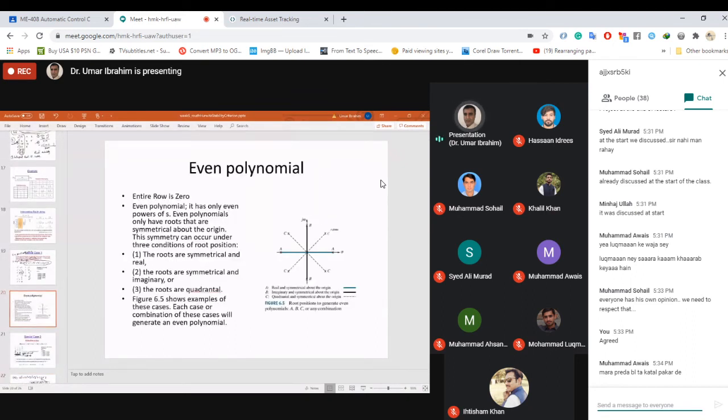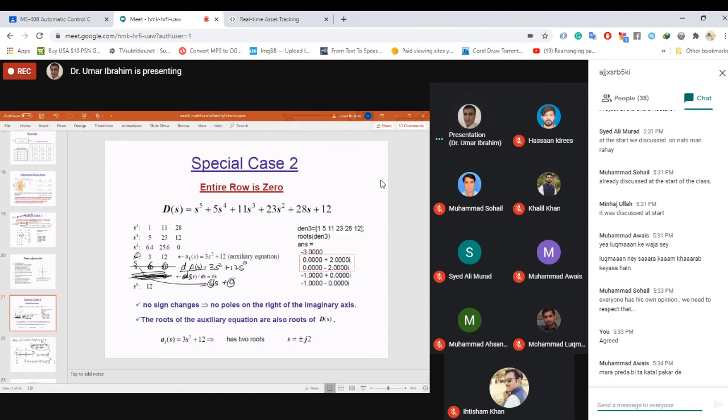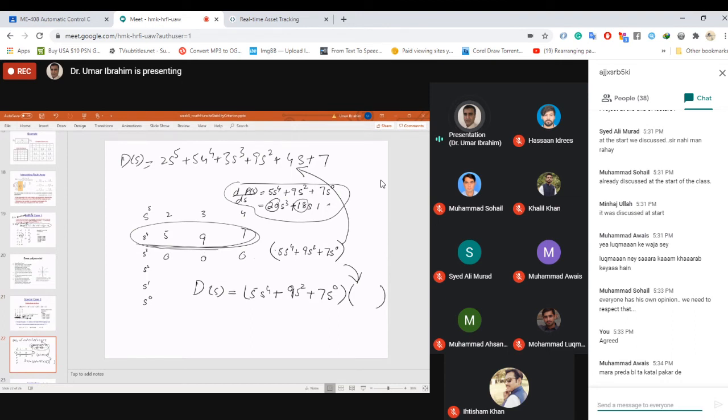If you have an even polynomial, a pure even polynomial factor, it's a factor, but it is a pure even polynomial. There are no odd power terms in this factor.